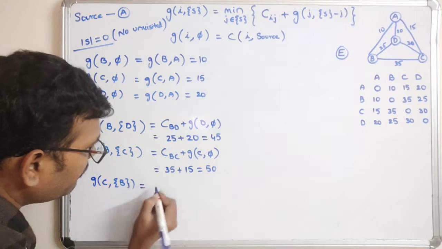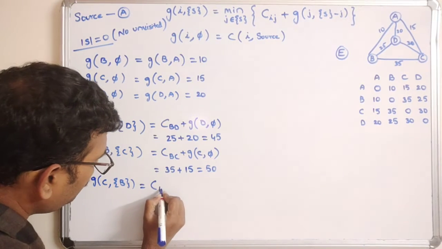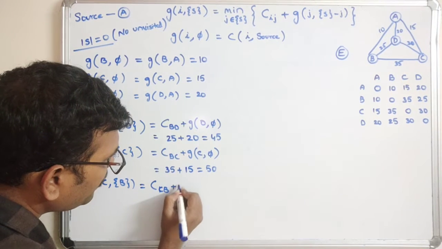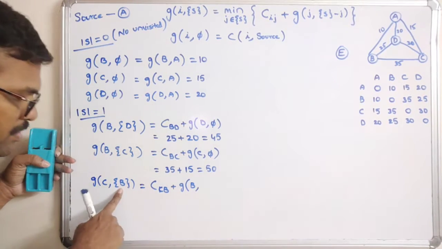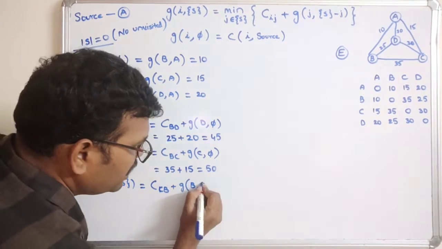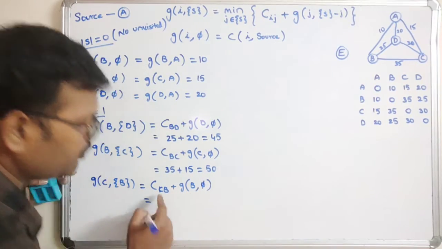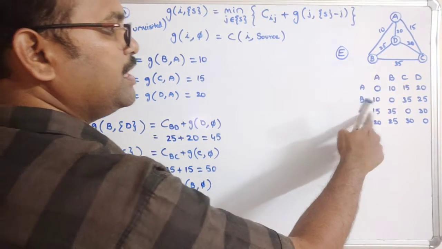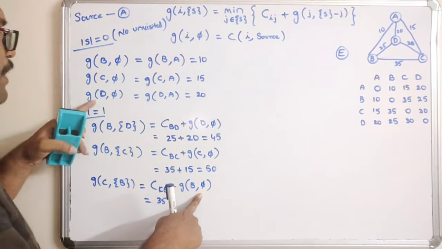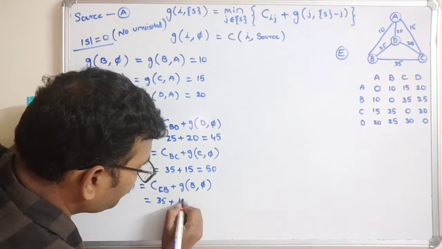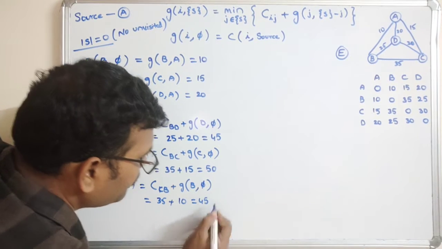So C to B: CB plus G of B comma set B minus B, obviously it is phi. So CB 35 plus G of B phi, 10, which is 45.